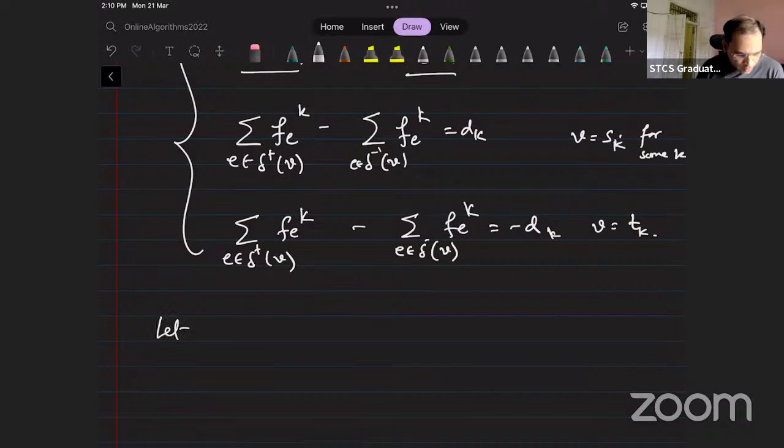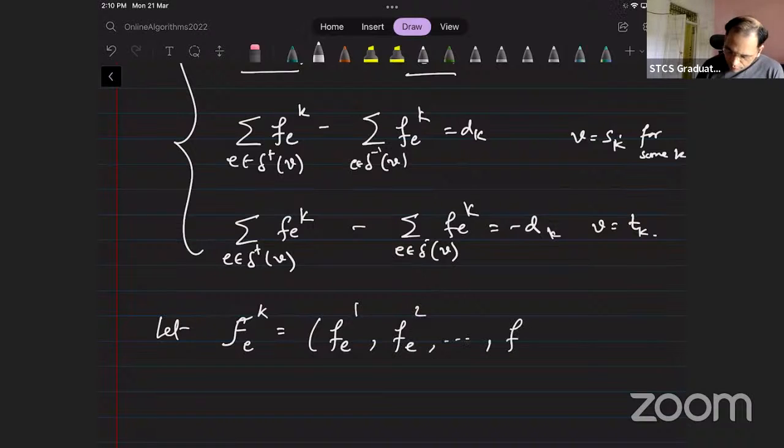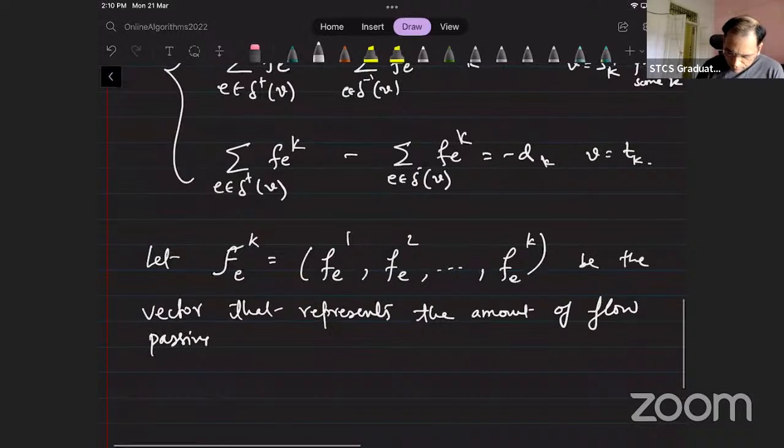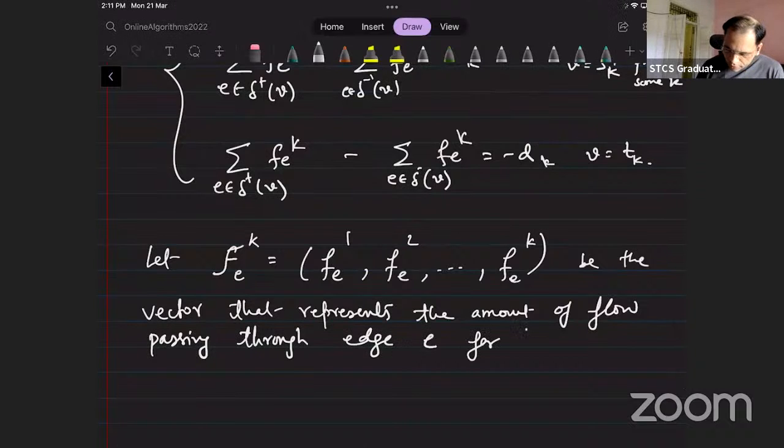So let's define some more notation. Script F_e^k be equal to (f_e^1, ..., f_e^k), the vector that represents the amount of flow passing through edge e for the first k requests.